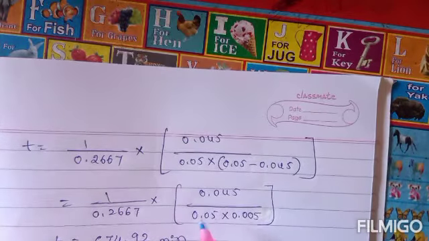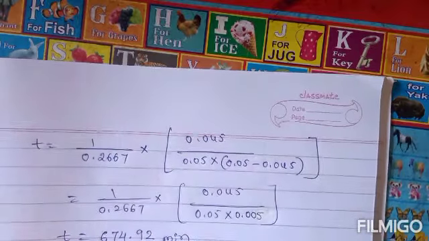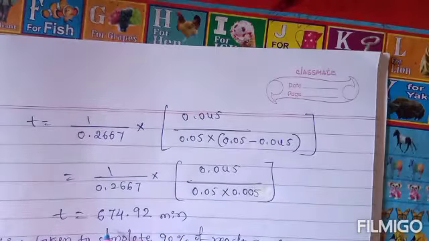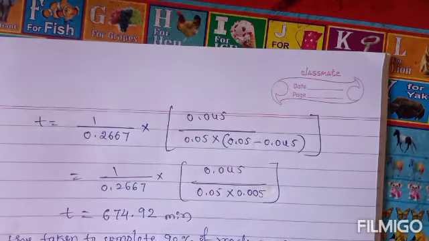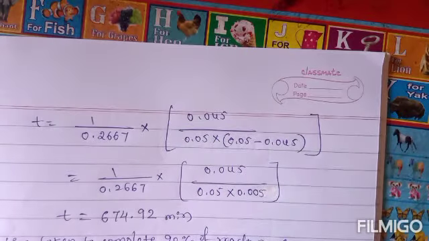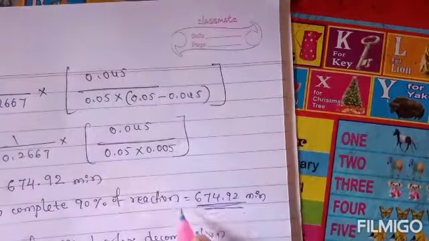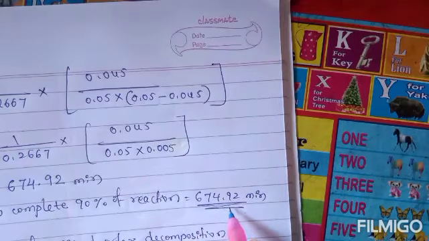After calculating this, we will get the T value equal to 674.92 minutes. Time taken to complete 90% of the reaction is 674.92 minutes.